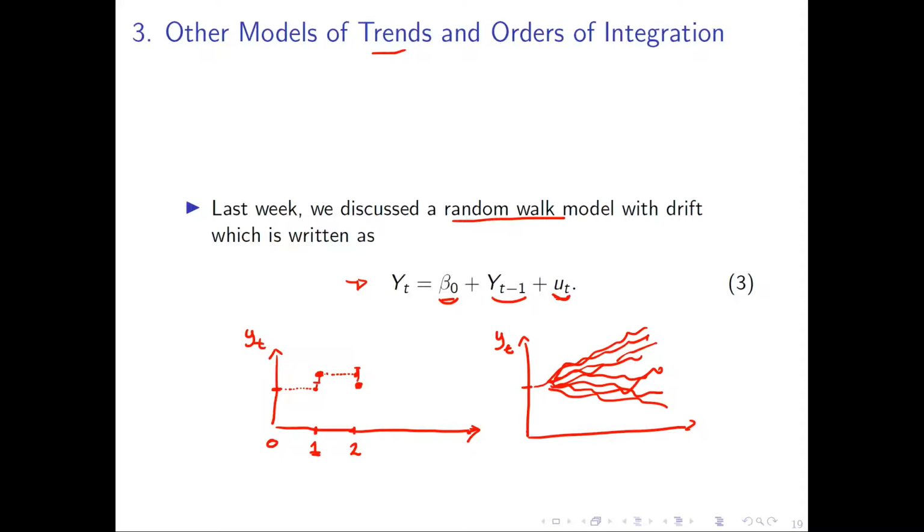What we also learned was that if you have a non-stationary process like the random walk, then hypothesis tests are quite unreliable. So we need to have a stationary process if we are to use the ordinary statistical tools that we learn in this course.